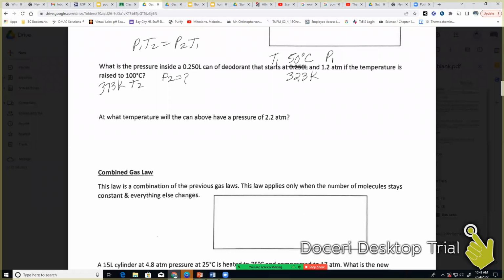My beginning pressure would be 1.2 atm. My T2, my second temperature, would be 373 K. And then my P2 on the other side is what I'm trying to find. And my beginning temperature was my 323 K.